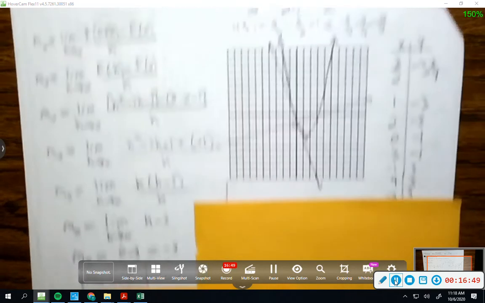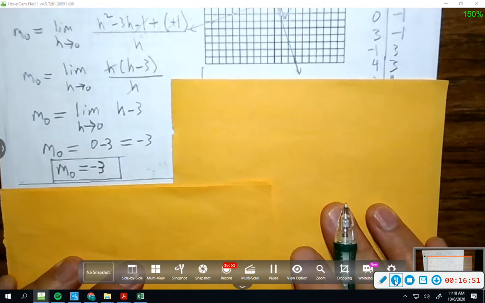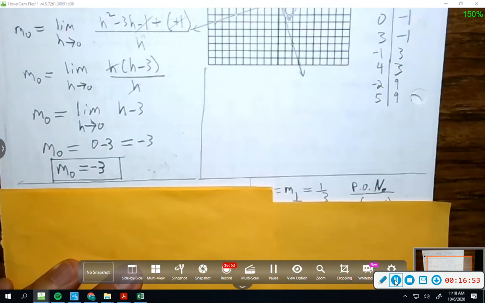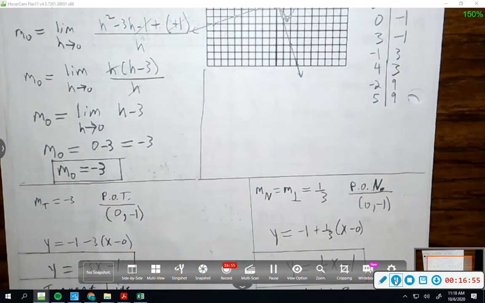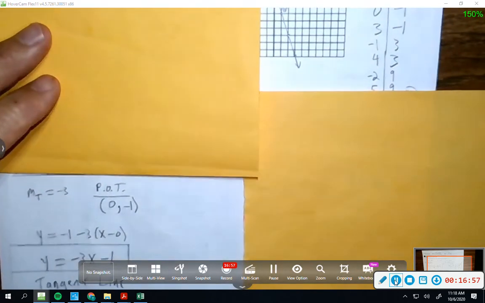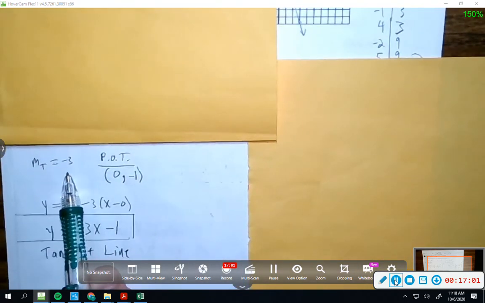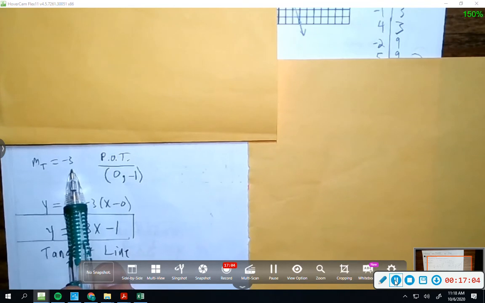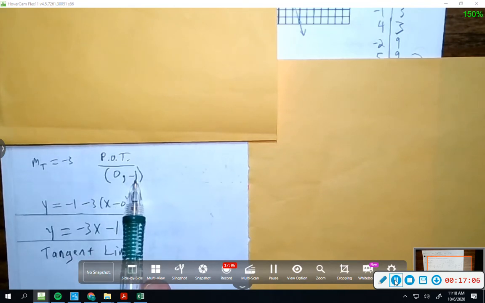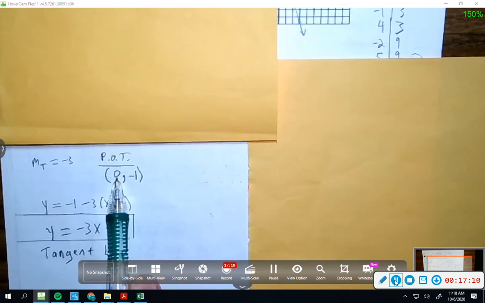When I'm finding the equation of the tangent line, I'm going to show that work right here. Okay? So for the equation of the tangent line, remember the slope of the tangent line is the same as the slope of the curve at 0, which was negative 3. To get the y-coordinate of the point of tangency, you plug the x-coordinate into the original function.